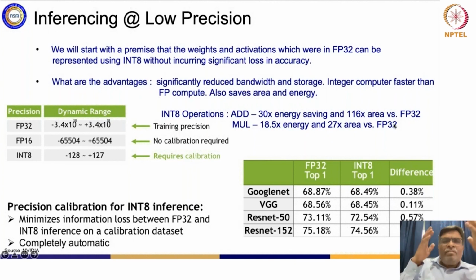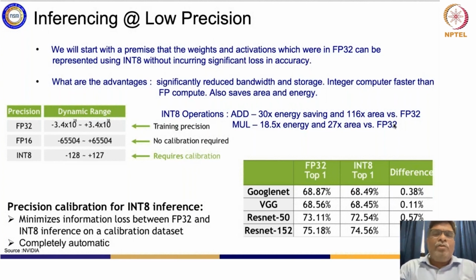Think of this: just for one add or multiply operation, you are saving so much energy, so much area, and you are talking of deep neural networks, convolution neural networks, which will use a lot of such operations.